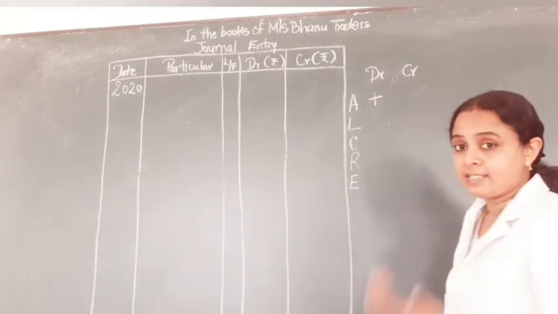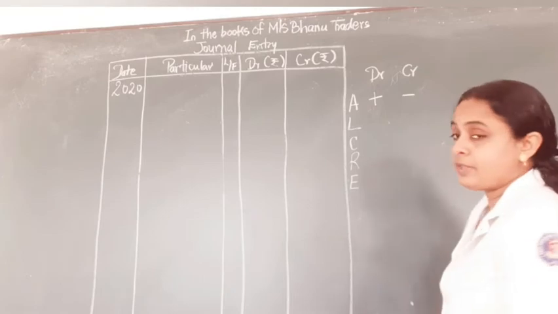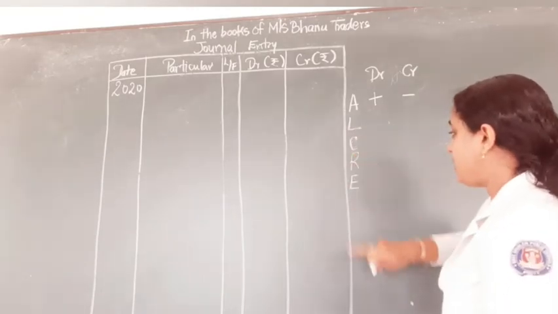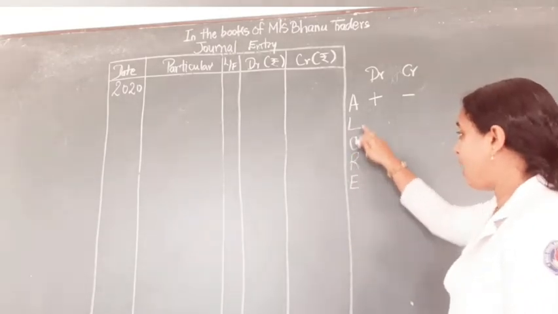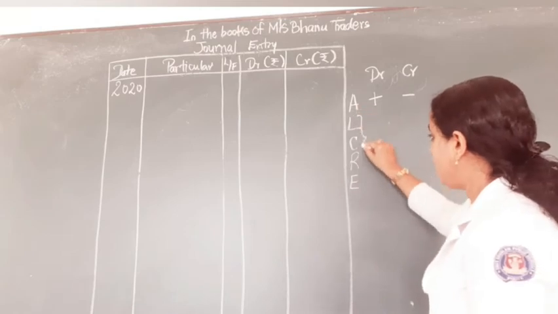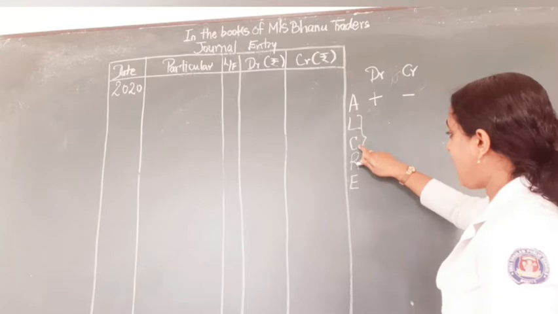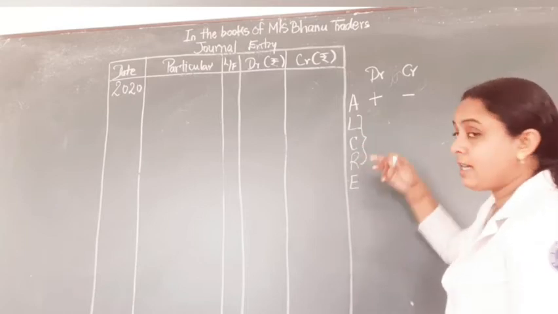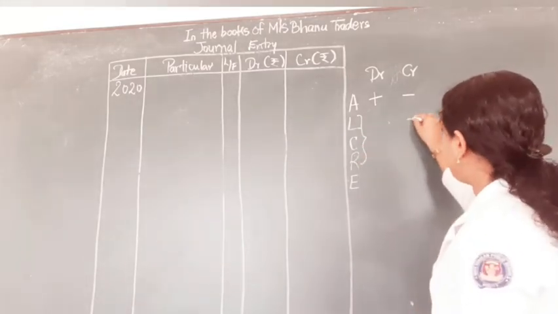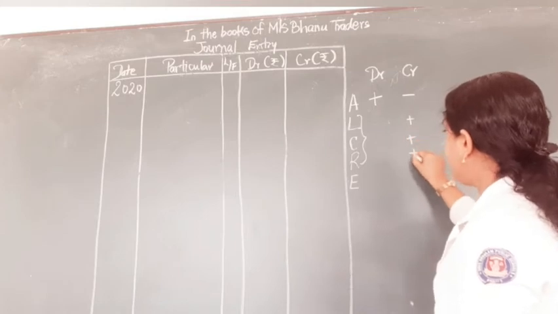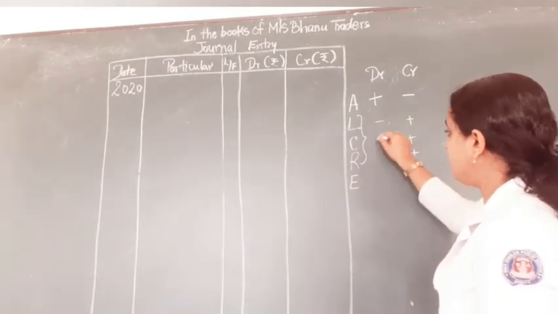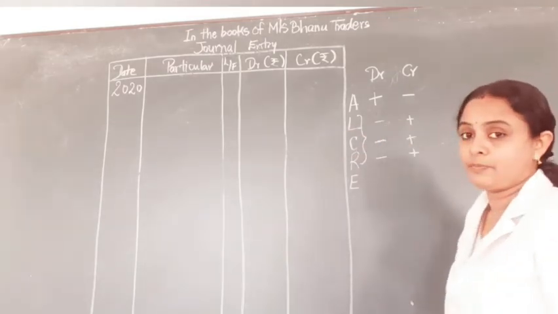If asset decreases, you have to credit it. Liability, capital and revenue, you have to follow the opposite of asset. If liability, capital and revenue increases, you have to credit it. And if these three decrease, you have to debit it.